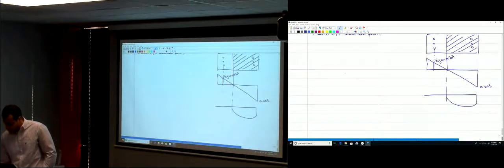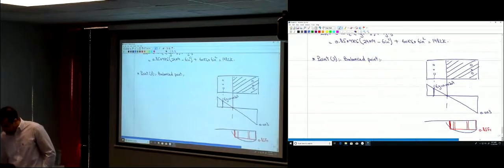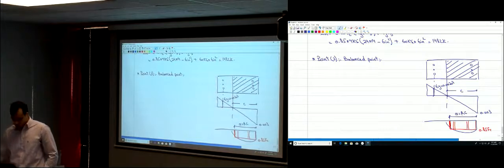That's the stress distribution, right? So I'm going to replace this with the Whitney stress block, 0.85 Fc prime. If that distance is C, how much is the height of the Whitney stress block? It's A, which is beta 1 C. Okay?